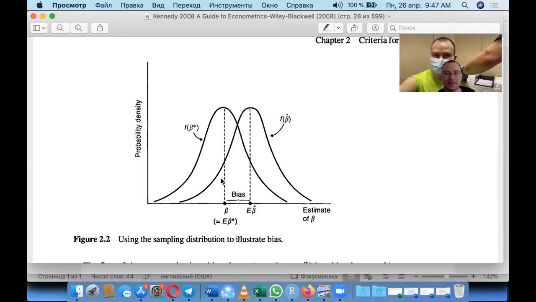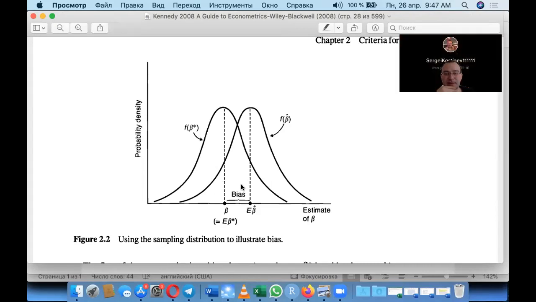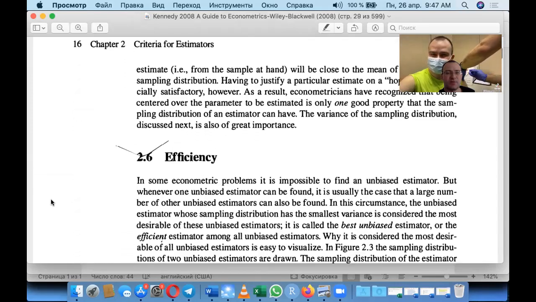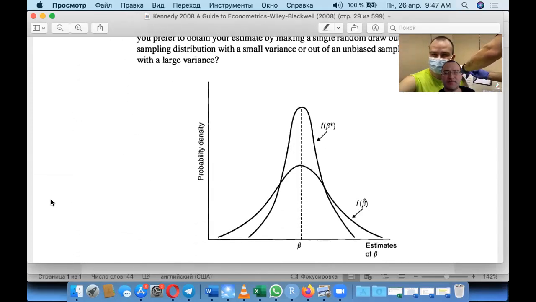If, like in this case, you see that when you take a bunch of different samples from the same population the mean is different, it means that you have a bias in your sampling distribution.